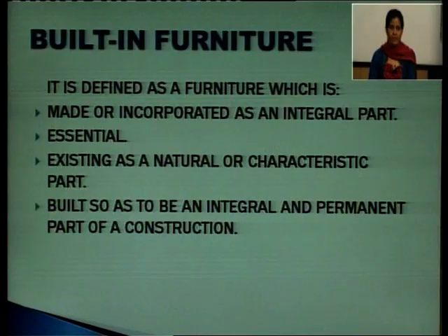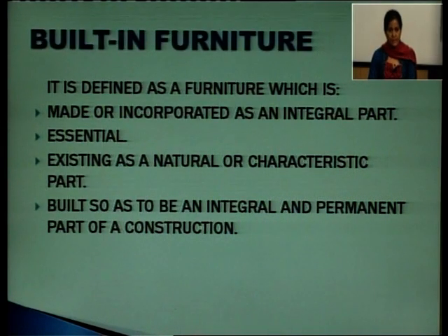Built-in furniture is defined as furniture which is made or incorporated as an integral part. Integral means it is a very essential part. You can't think of a room or a building without furniture.